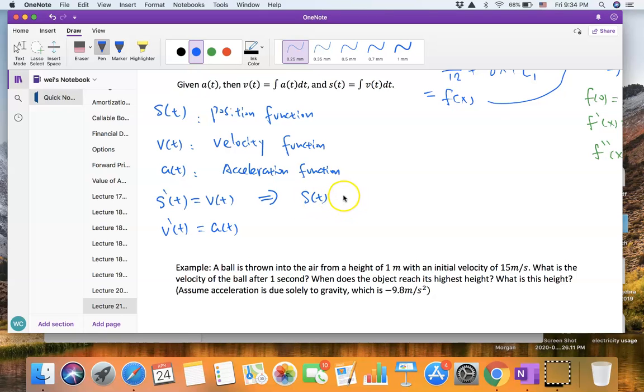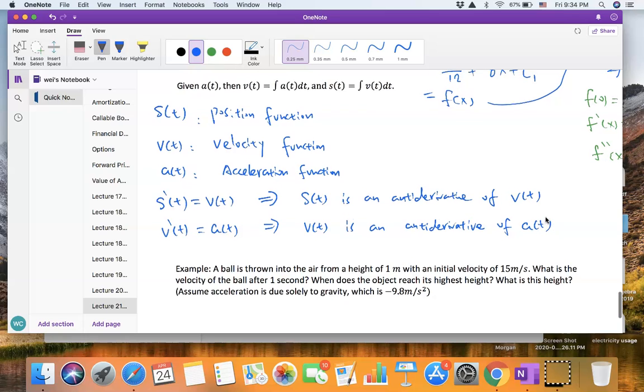the function s of t, is an antiderivative of v of t. And since the derivative of v of t is a of t, then the function v of t is an antiderivative of a of t.